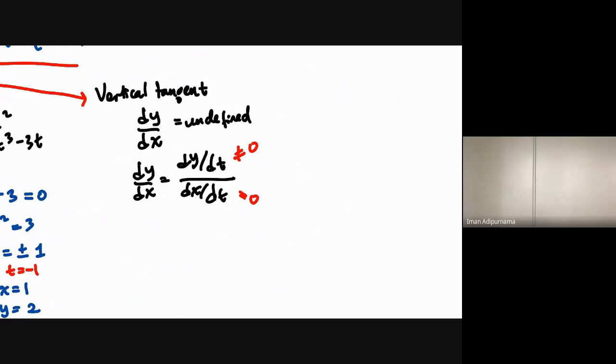Undefined is not the same as 0 over 0. 0 over 0 is different from this. This is when you have 1 divided by 0 or 2 divided by 0. If you calculate, it will be infinite, right? Or we call this also undefined. At some point, you can also call this an infinite number. But we usually call this undefined.